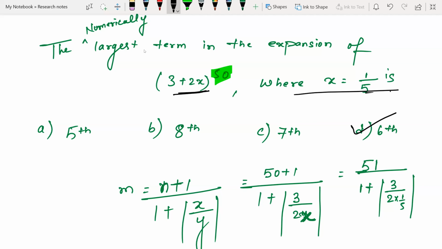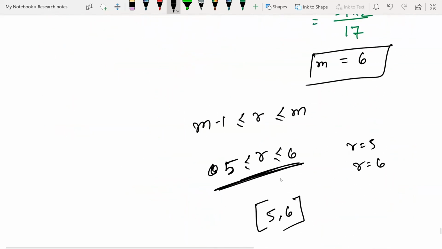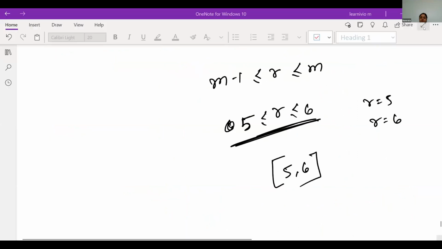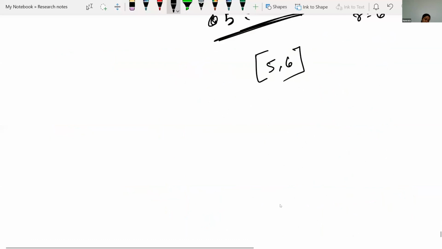We know m is n plus 1 by 1 plus mod of x by y. Accordingly, we will find m at first, and then we can go ahead and find the range of r. From there, easily we will be able to take out the largest value. Okay, got it? Yes, ma'am.